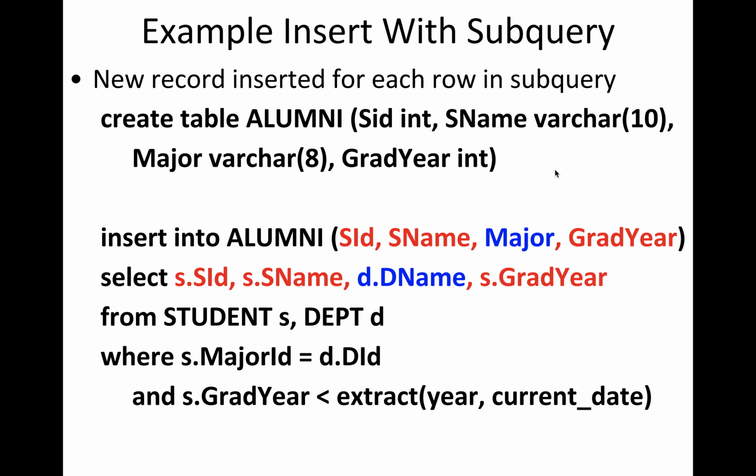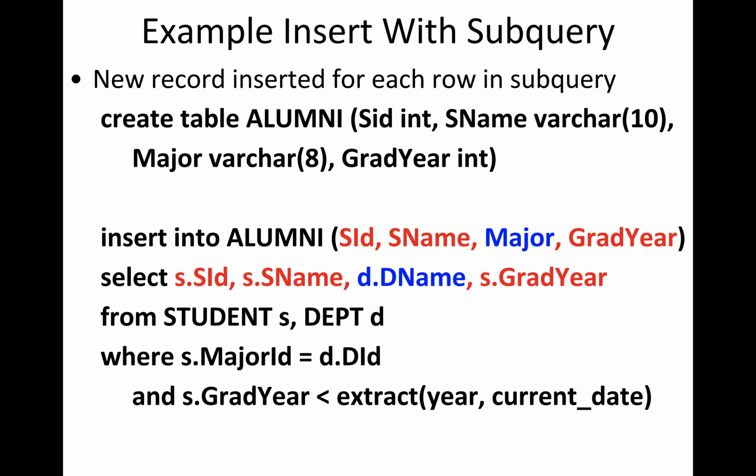Okay? Here's an example where we are creating an alumni table, right? That has fields SID, SName, major, and graduation year, with data types integer, varchar, so strings, two strings, and an integer for the graduation year. And here we are extracting from the student and the department.